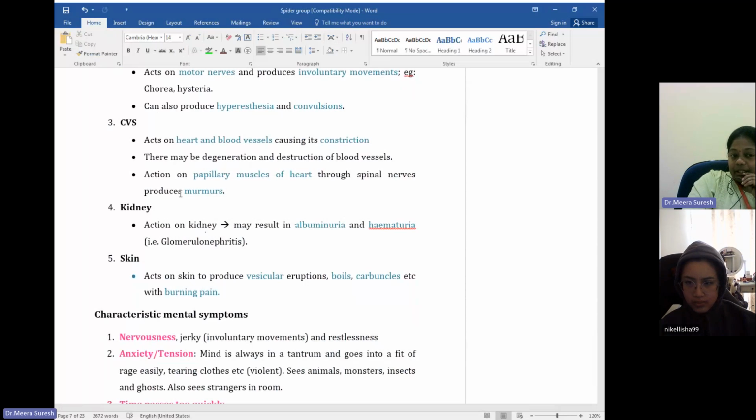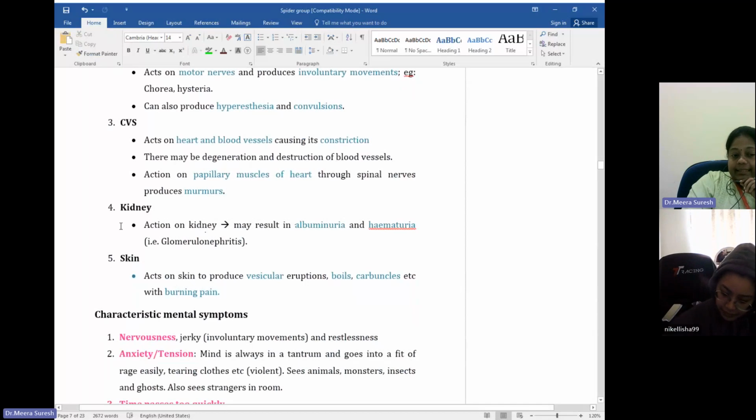We have some remedy which will be acting for gonorrhea and syphilis, but not exactly the glomerular nephritis, but still. Then in skin, skin is very important. It can produce vesicular eruptions of a furuncle, carbuncle, boils, and everything will be having burning pain.